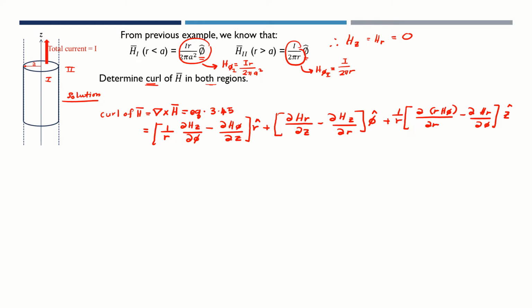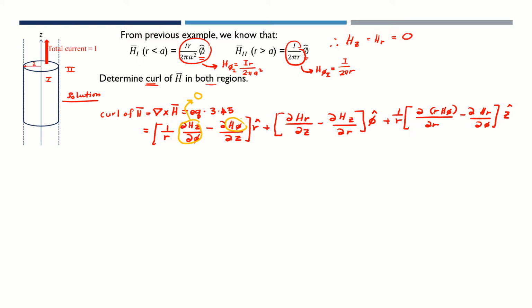Since we know that Hz and Hr are equal to 0, these differentials become 0. Now let's solve for region 1 first.